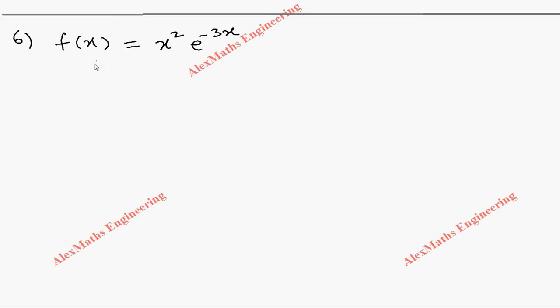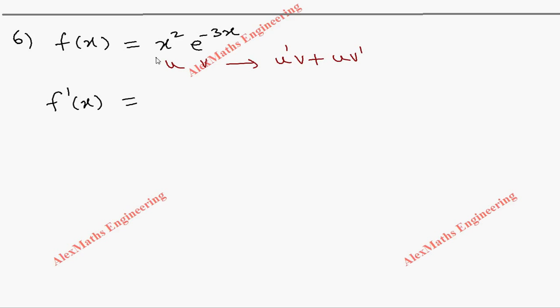Question number 6. f of x is given as x square into e power minus 3x. So first step, we have to find f dash of x as usual. Since it's a product of two terms, we have to follow the product rule. Its first term is u dash v and second term is u v dash.